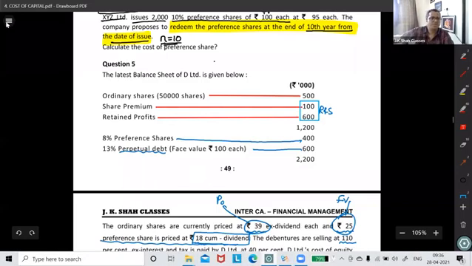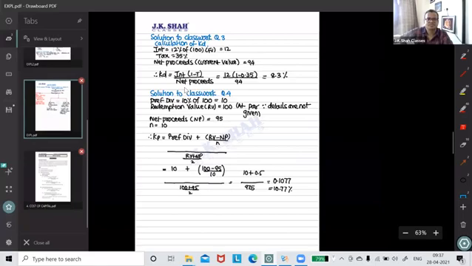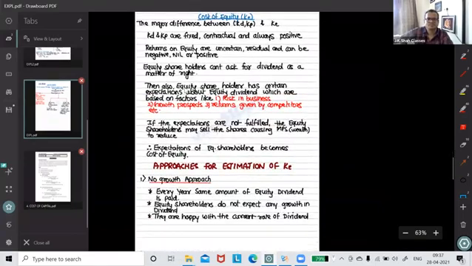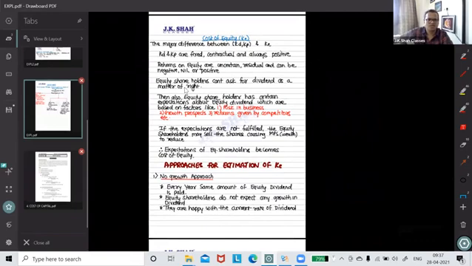Sir, can you show the theory part before approaches for estimation of K? Okay. Theory part before approaches for estimation of K. It's over here. Shalini, I think you wanted this.